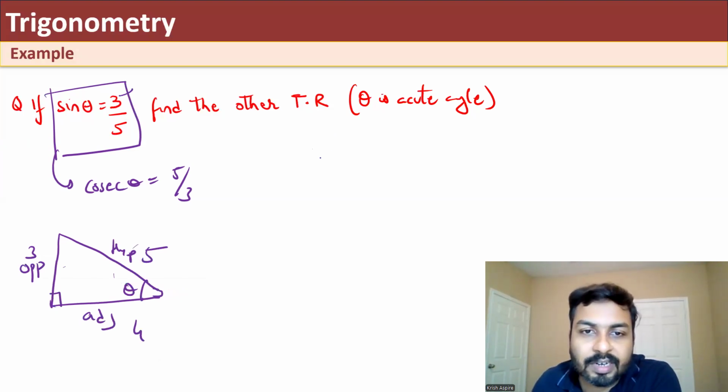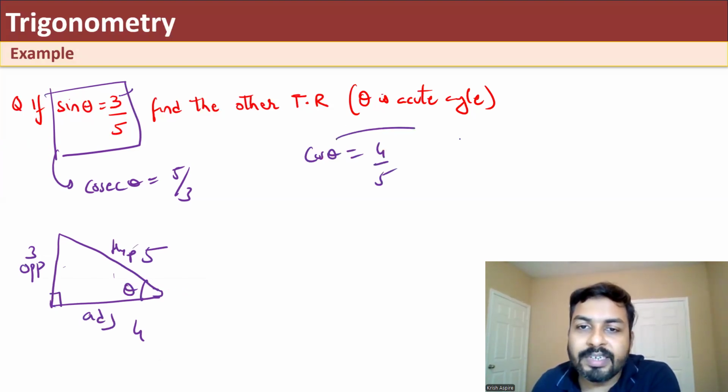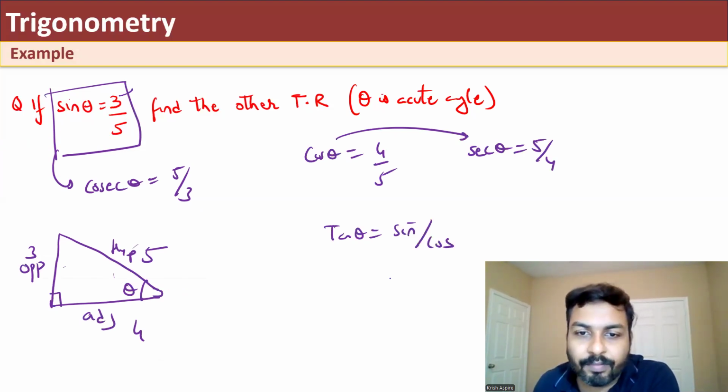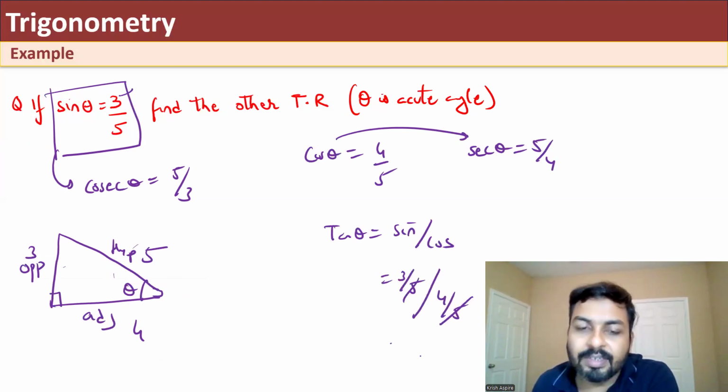So what is cos theta? Cos theta is adjacent by hypotenuse, which will be 4 by 5. If cos theta is 4 by 5, then secant theta is 5 by 4. Next, what is tan theta? Tan theta is sine by cos. Sine is 3 by 5 and cos is 4 by 5, so 5 will get cancelled. Tan theta is 3 by 4.